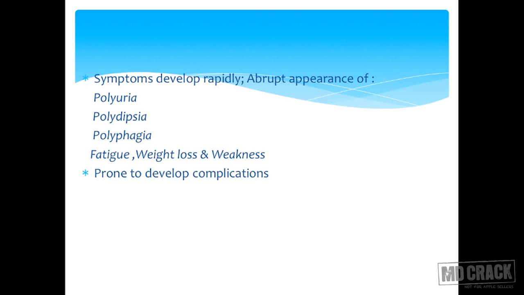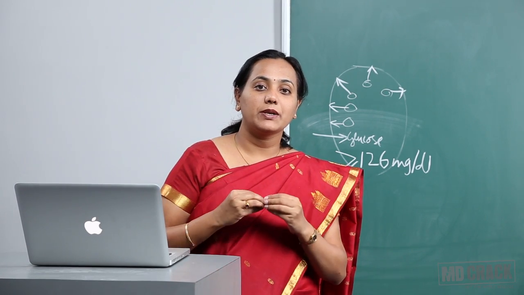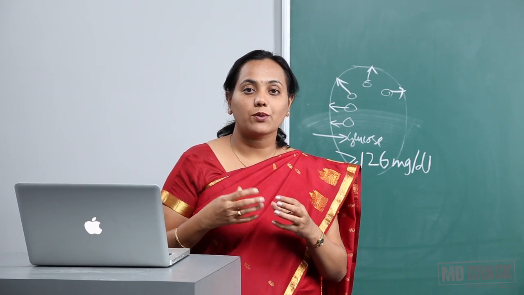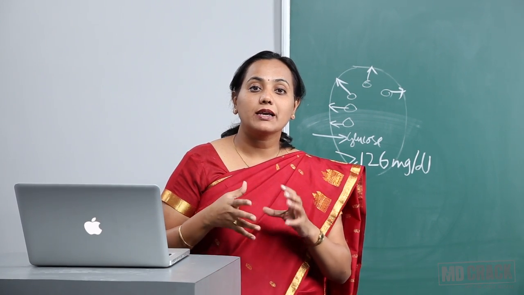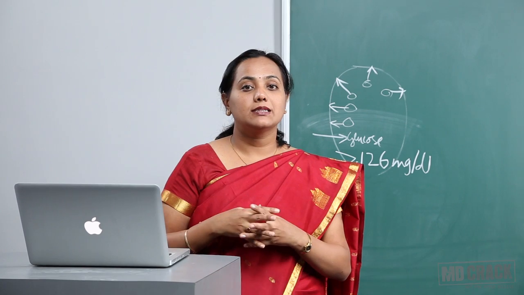These type 1 people are more prone to complications, and one of the biggest complications that these people can get is diabetic ketoacidosis. So now let us see the reason why these people have polyuria, polyphagia, polydipsia. What is the biochemical basis behind it? Why are these people developing these symptoms?